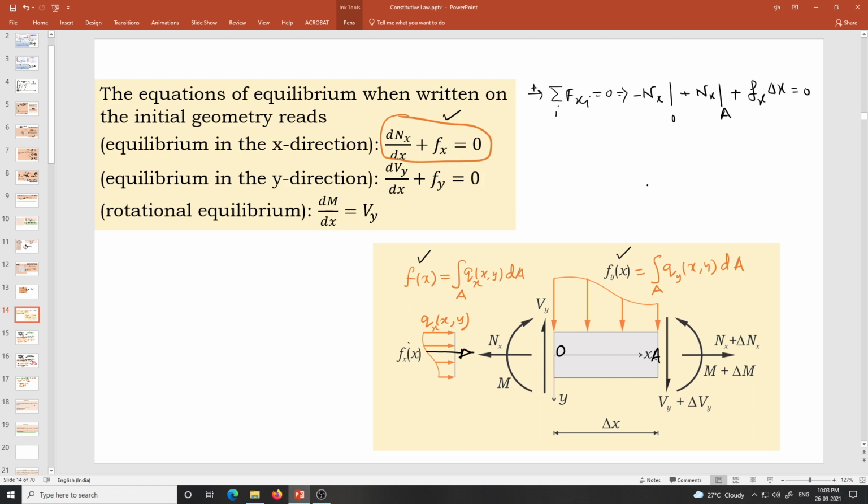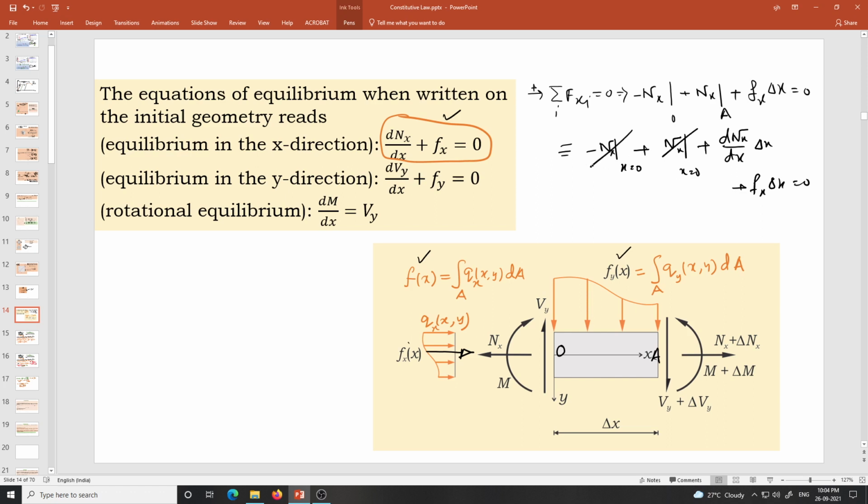Now, if we assume that the value of n and its gradient are all available at the point O, then this can be simplified as minus nx at x equals O, plus nx at x equals O, plus dnx/dx times delta x, plus fx delta x equals 0.